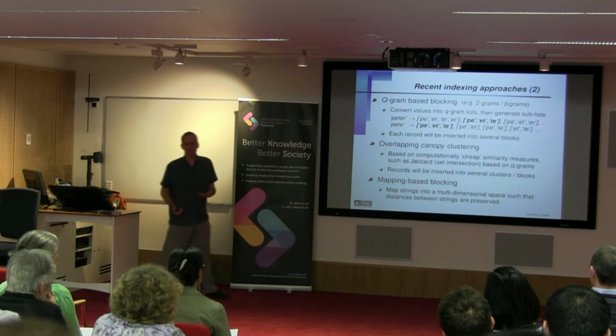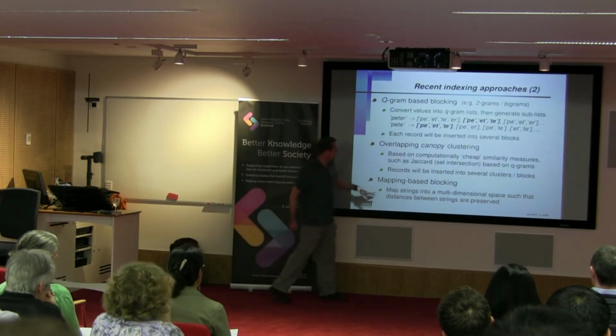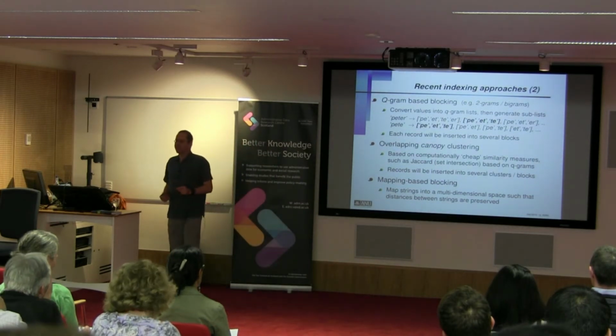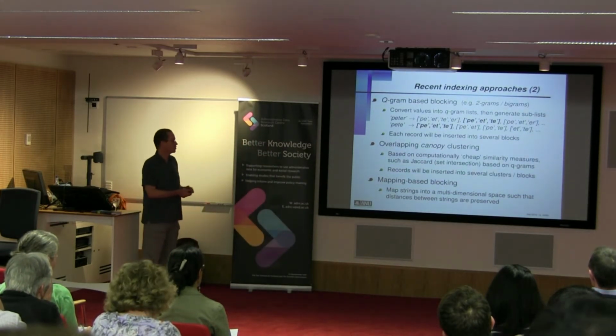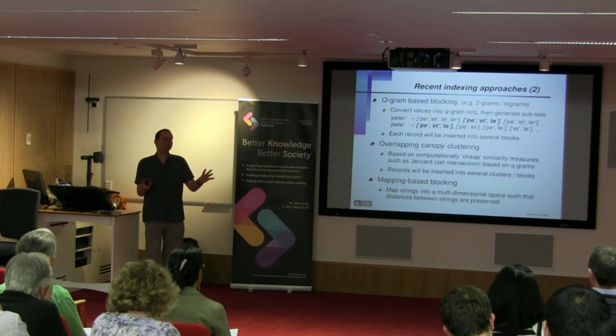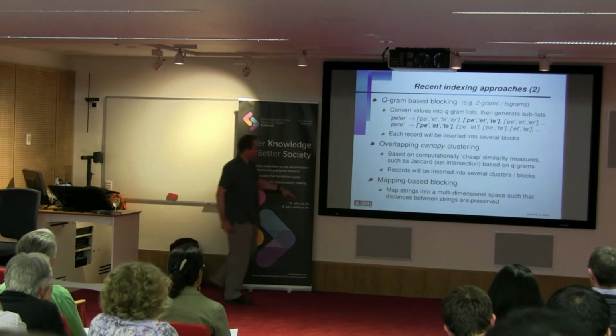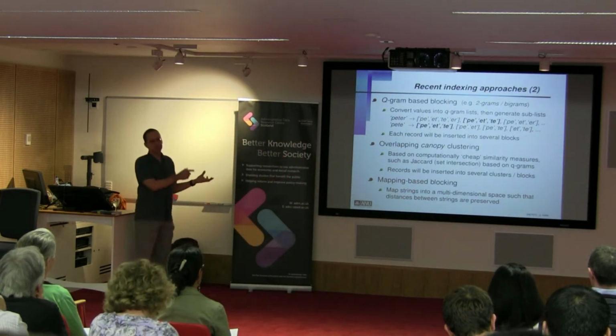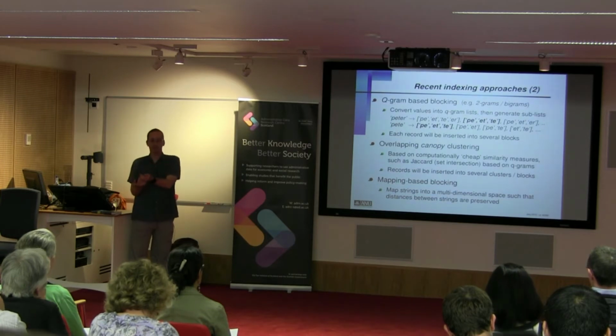Then another approach, a bit more esoteric, and there are many more different esoteric things. The idea here is that there's a lot of work on what's called multidimensional indexing. You're using this every day, but you don't know about this. Multidimensional indexing means we have data which is complex. In computer science, we map them into a high-dimensional space.